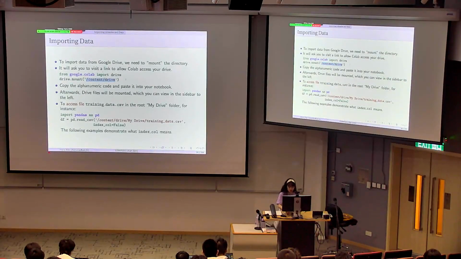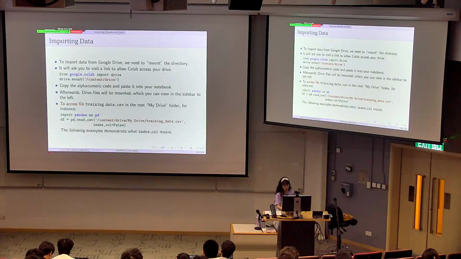If you run this line, it will ask you to visit a link to allow Google Colab to access your Google Drive, because there is some security risk, so it must get your consent. After you click yes, I want to mount my Google Drive, it will guide you to your Google Drive directory. Afterwards, the drive files will be mounted, which you can view in the sidebar to the left in Google Colab.